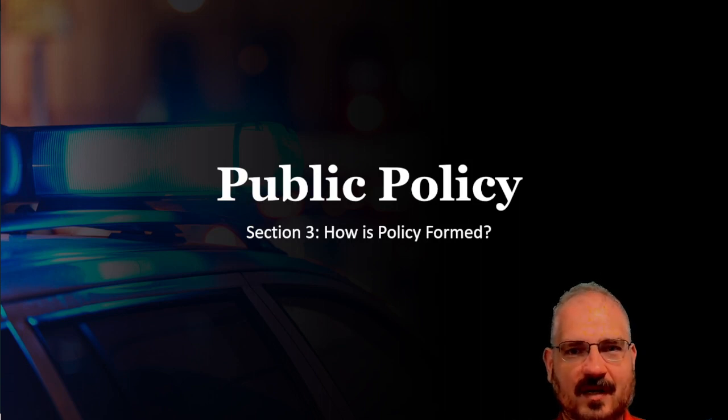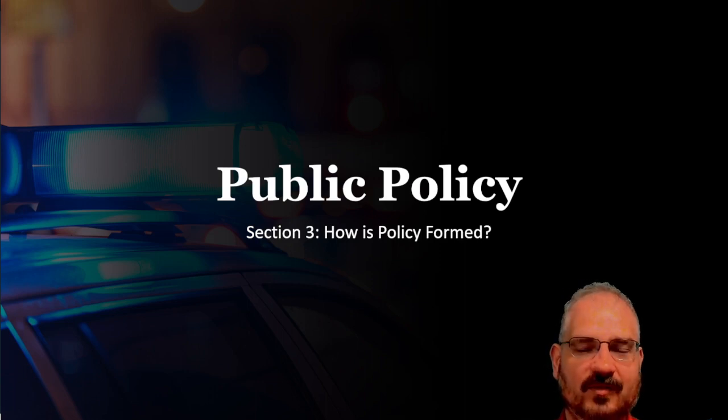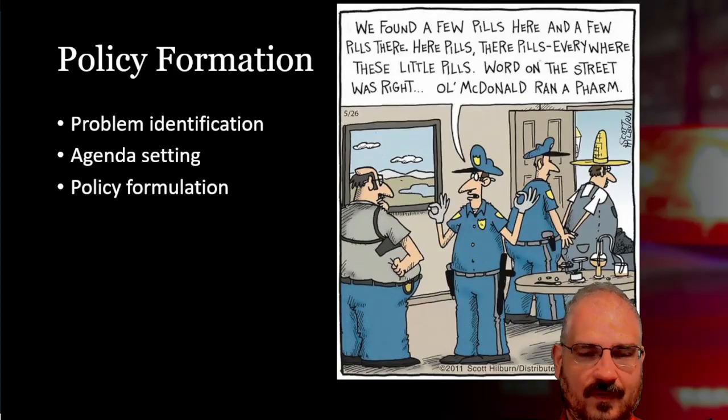Today we're going to be talking about how policies are formed or created, or get started in the whole policy creation process. Okay? Now, there are kind of 3 steps to this, pre-implementation. There's the problem identification step, where we figure out what's wrong and what we need to fix and what we need to do.